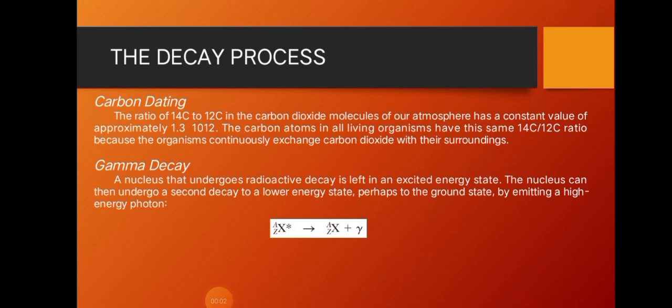Gamma decay. A nucleus that undergoes radioactive decay is left in an excited energy state. The nucleus can then undergo a second decay to a lower energy state, perhaps to the ground state, by emitting a high-energy photon, where A,Z X star goes to A,Z X plus gamma, where X star indicates a nucleus in an excited state.